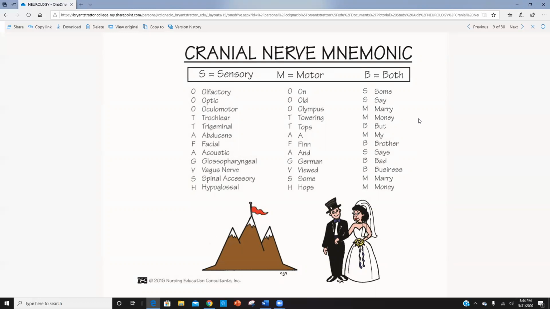Cranial nerve number 7, the facial nerve. It's sensory and it controls or innervates the face and hands. Cranial nerve number 8 is the acoustic or auditory, and it's sensory and it's for hearing and balance. Cranial nerve number 9, glossopharyngeal. It's sensory and it's posterior taste. Cranial nerve number 10 is the vagus nerve.